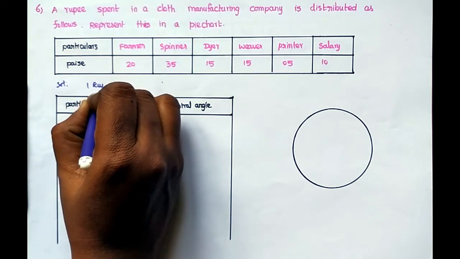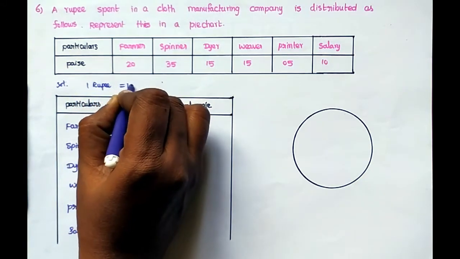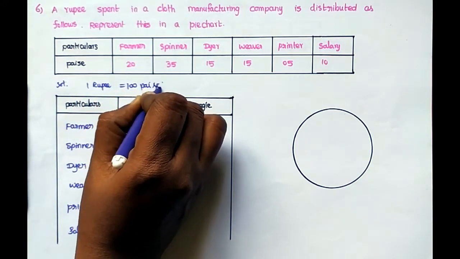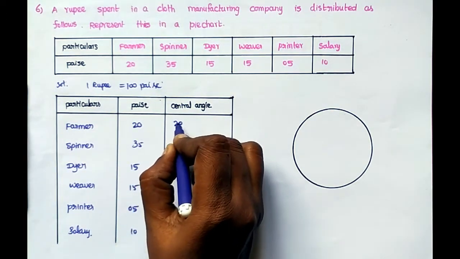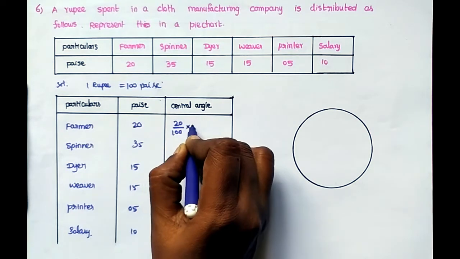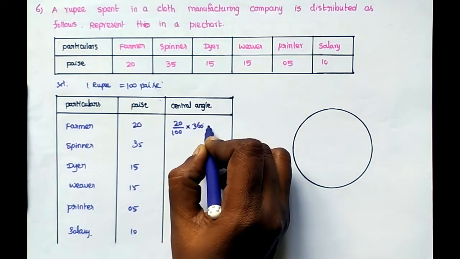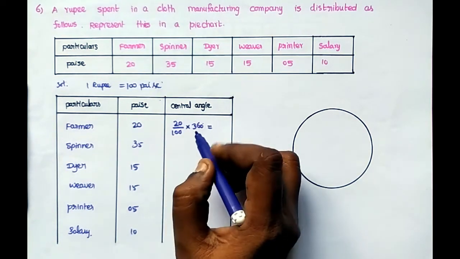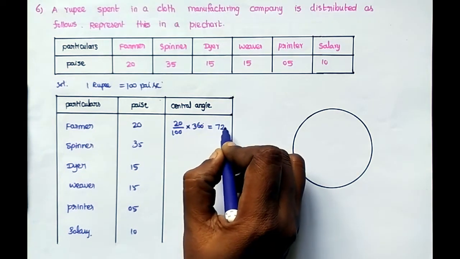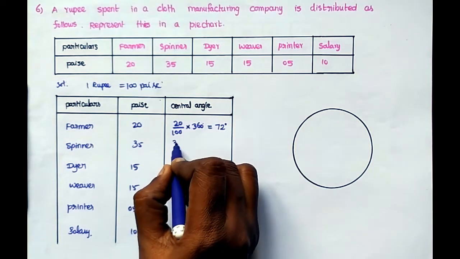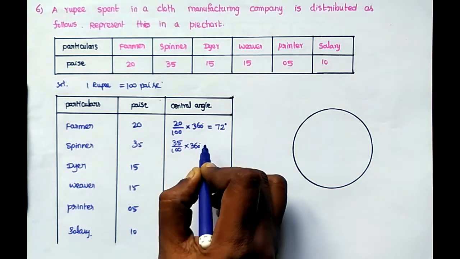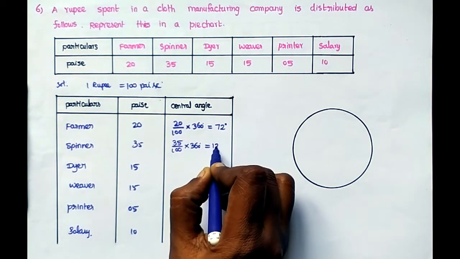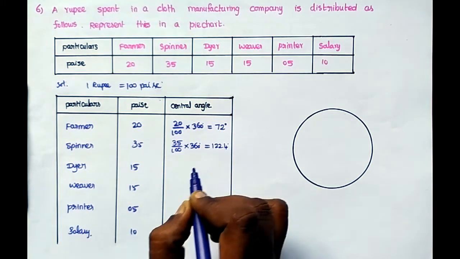Listen, 1 rupee equal to 100 paise. So central angle, how will you find it? 20 divided by 100 into 360, that is 72 degrees. Next one, 35 divided by 100 into 360, that is 122.4 degrees.